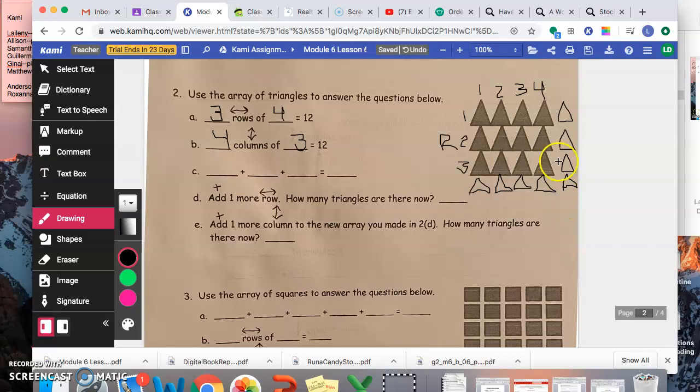Okay? And then they want you, how many triangles are there now? So now they want you to add all of the triangles together, okay? And you're going to fill that in.